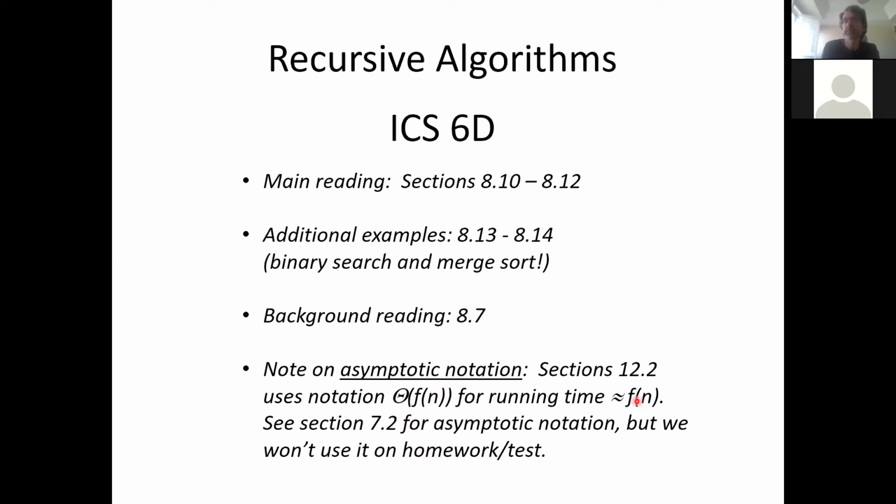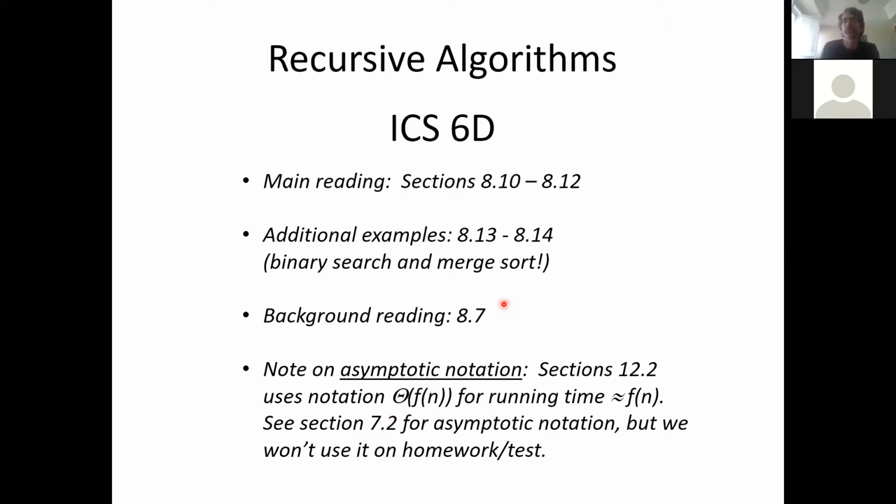If you want to know exactly what this theta notation stands for, first of all, everybody in computer science should learn this asymptotic notation, okay? So if you don't know what this stands for, by all means, go and read it. But I will not require this in this class. So you don't need this for this class.